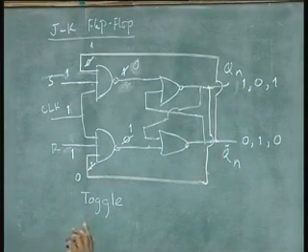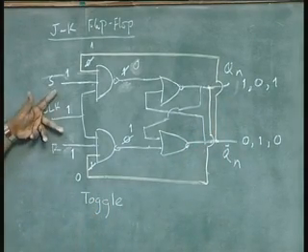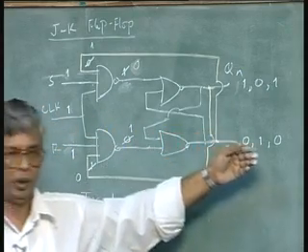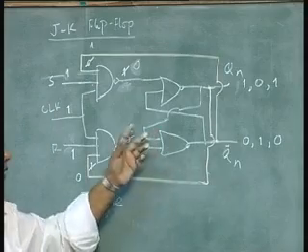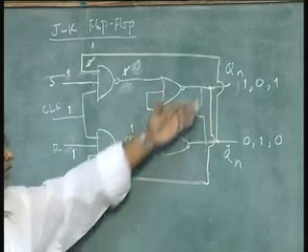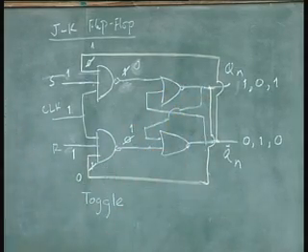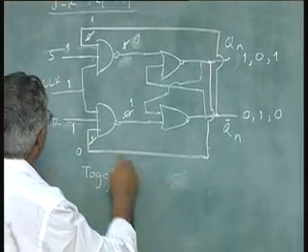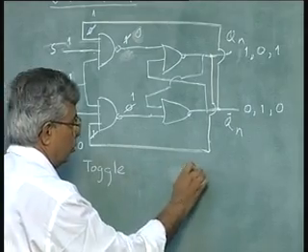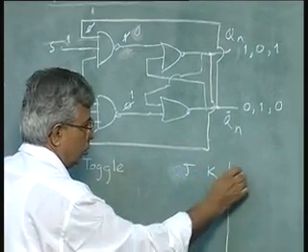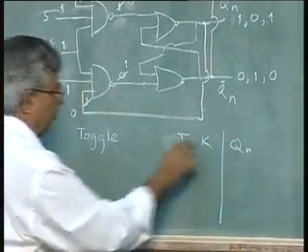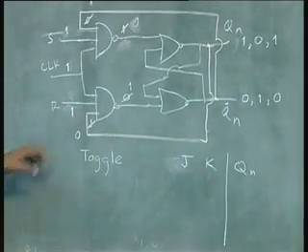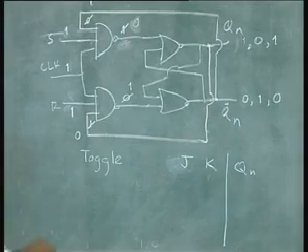This is not what we want. We want an RS condition where both are 1 and there is a defined useful output. A defined useful output is alright in the sense that it toggles. That means, whatever is the original output. So, if you write the truth table, I am going to introduce for the first time, let us say, J and K. The 3 input NAND gate expanded version of the SR flip flop is now called the JK flip flop.